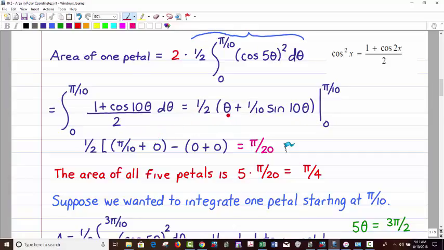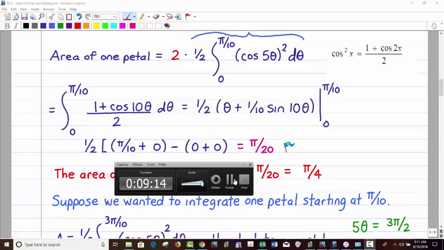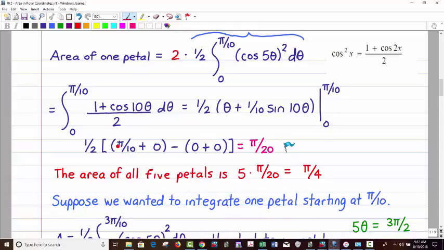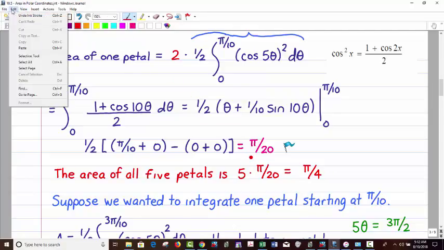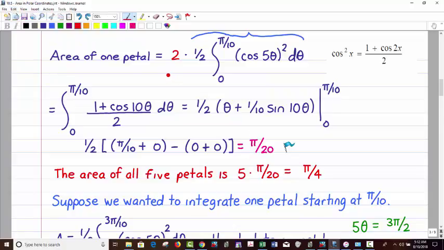And you put in zeros, sine of 0 is going to be 0, so basically we just have 1/2 times pi over 10 with everything else being 0, so that ends up being pi over 20. And remember, at the very beginning of the problem up here, we already incorporated the doubling factor, so that is 1 full leaf.